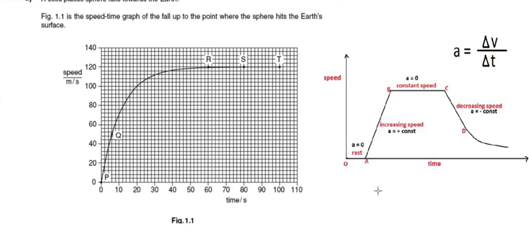If we have the speed time graph, then the slope is the change in y-axis divided by the change in x-axis. In this case, the change in y-axis is speed and the change in x-axis is time. So slope is the change in velocity divided by the change in time, which is nothing but the acceleration.